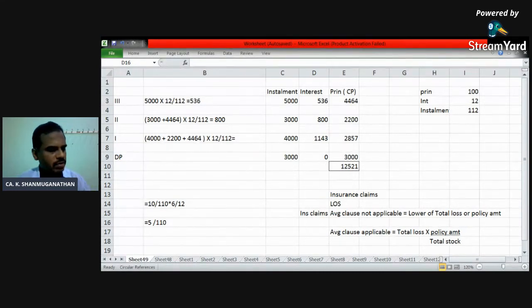So if I convert 1,62,000 into 100 divided by 90, you will get 1,80,000. That's the full value of closing stock. Your date of loss is a very important detail. Date of loss is 2/6/2015. So we will prepare a memorandum trading account from 31st March 2015 to 2/6/2015.